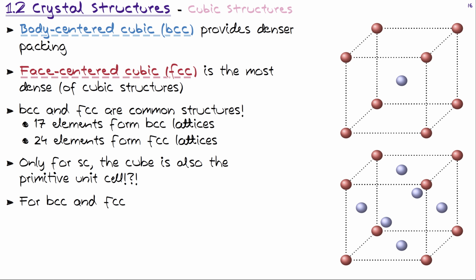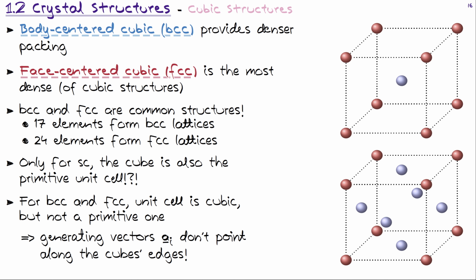For BCC and FCC, the unit cell is cubic, but it's not a primitive unit cell. In practice, this means that when we draw the generating vectors, the a_i, they would not point along the cube's edges anymore. So the parallelepiped that would be formed and could be used as our primitive cell is not a single cube anymore. That's the complication that we have.